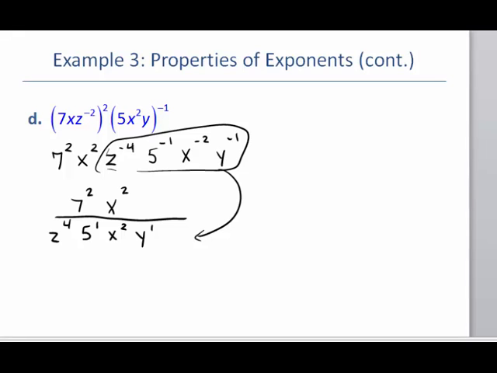All right, so one thing that I notice is that I have an x squared in the top and an x squared in the bottom, which will cancel out. 7 squared is 49, 7 times 7. We have a 5 to the 1st, which is just 5. We have a z to the 4th, and we have a y to the 1st. And that's really all we can do with that one.